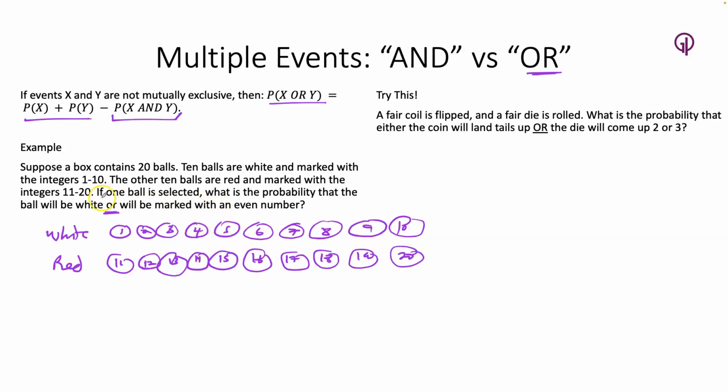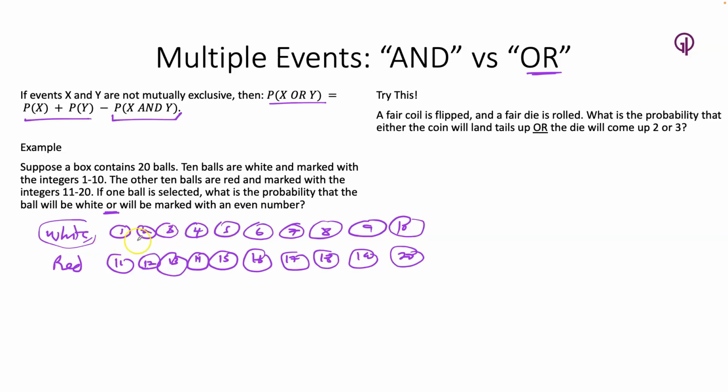If you start reading your question from here, if just one ball is selected, what is the probability that the ball will be white, or will be marked with an even number?